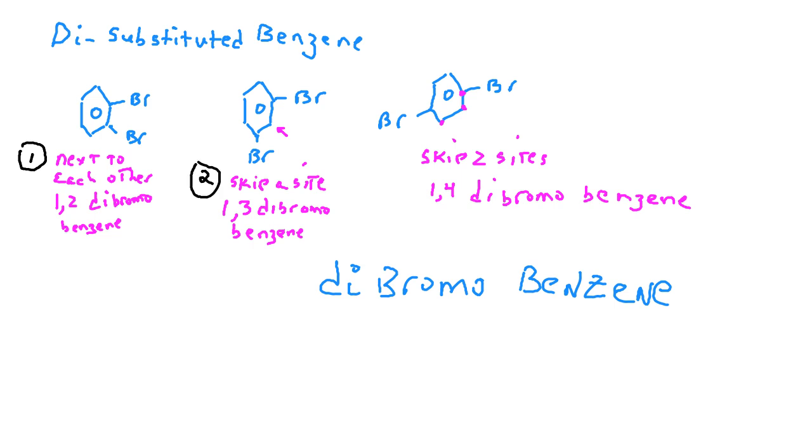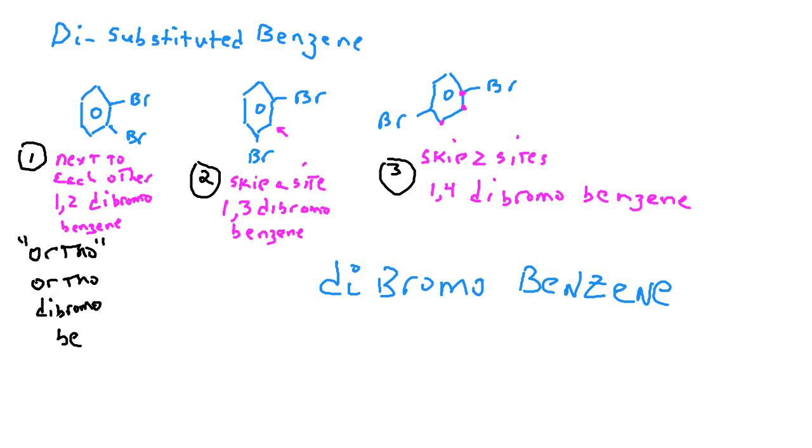When you skip 1 site, this is called ortho. So this would be ortho dibromobenzene. Ortho means you just skip a site.